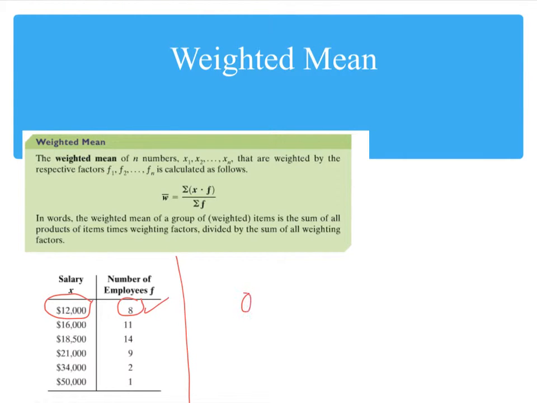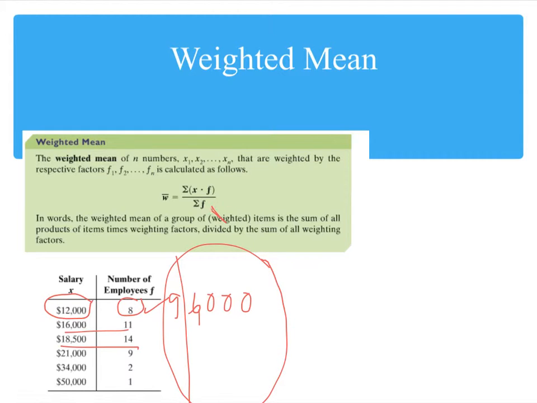So I'm going to have 96,000. And I'm going to do for each of these rows here, 11 times 16,000, 14 times 18,500. And with that new column, that's going to be what you add up.